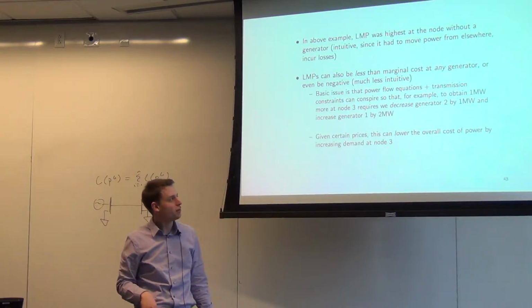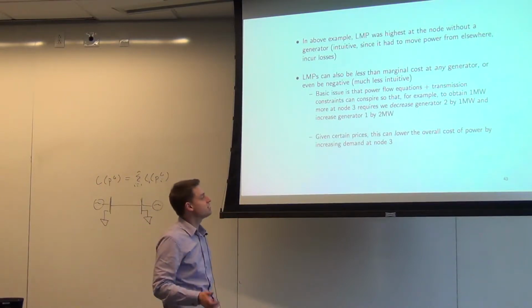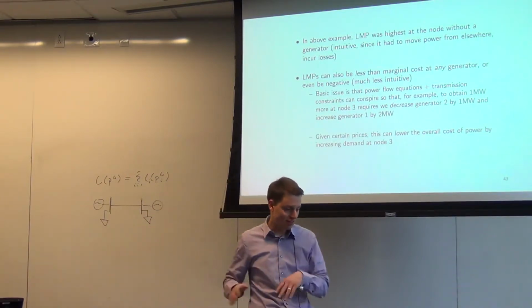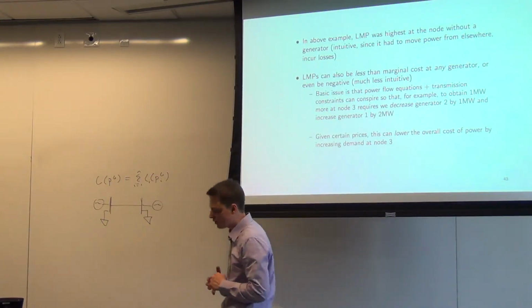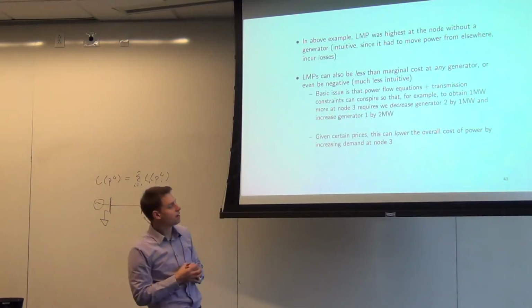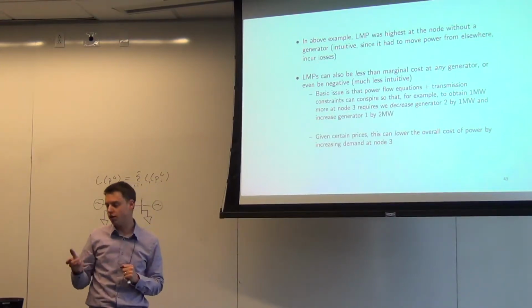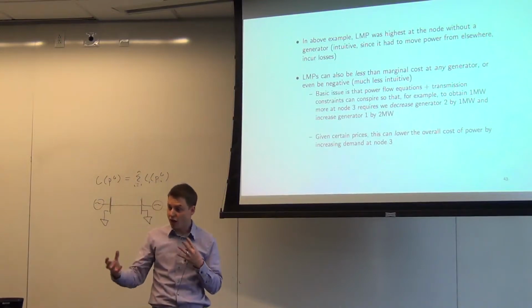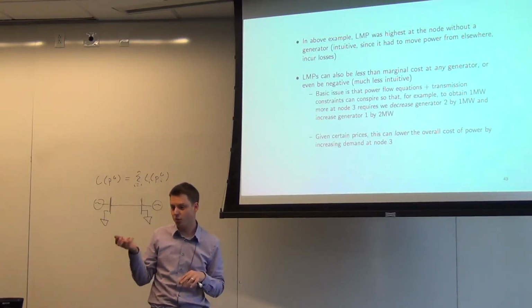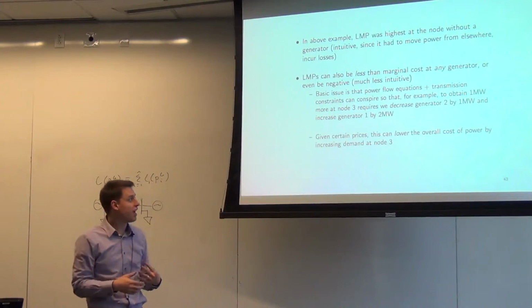So really here, what I want to emphasize is that we won't go into the details. There are classes you can take that describe these in much more detail. But the nature of power markets is fundamentally different than a normal market, and they have weird things like locational pricing as well as pricing that can actually sometimes go negative.